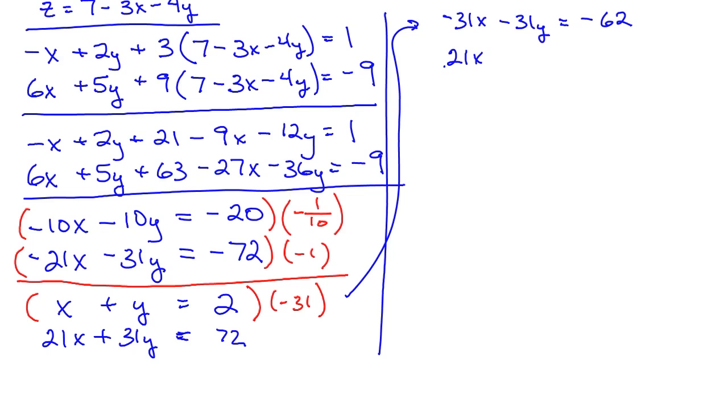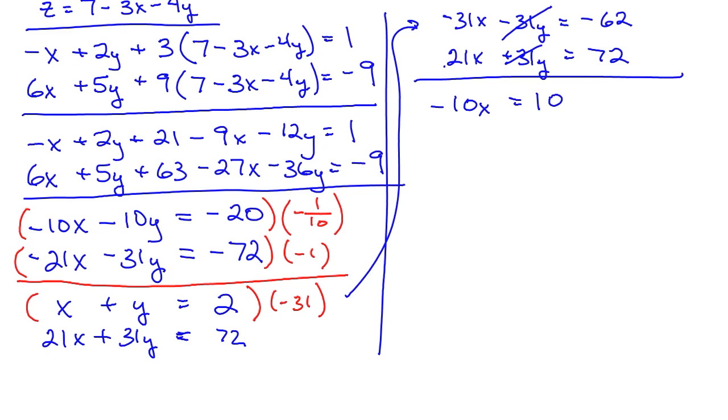The bottom equation stays the same. And then you can add these together to get rid of the y's. So this is going to be negative 10x is equal to positive 10. And so x is equal to negative 1.